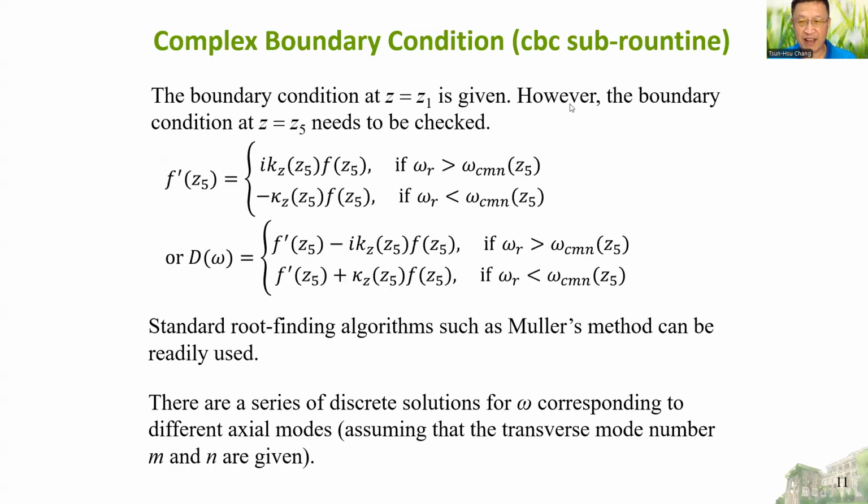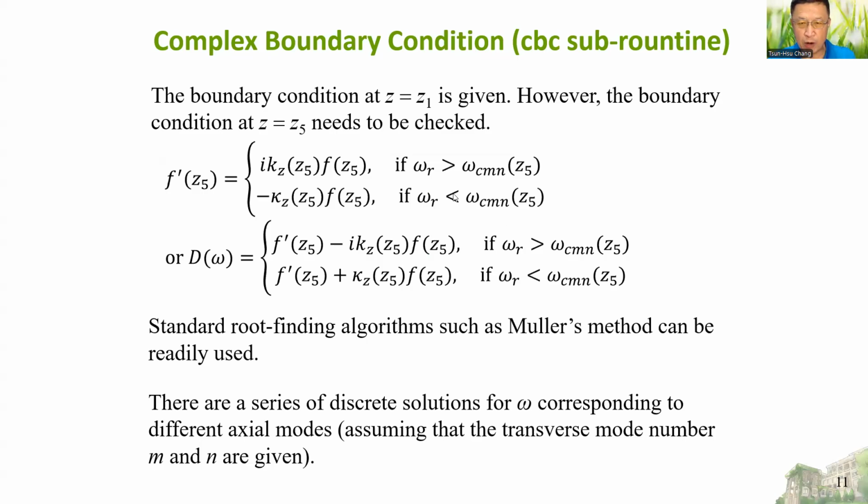It's a relative value. However, the boundary condition at Z5 needs to be checked. Okay, check the correctness. It's a complex boundary condition, CBC. So we have a subroutine to help us check this one.